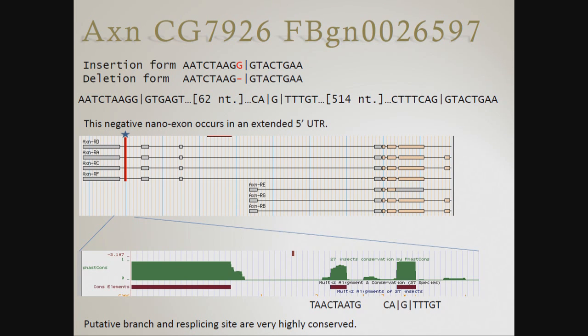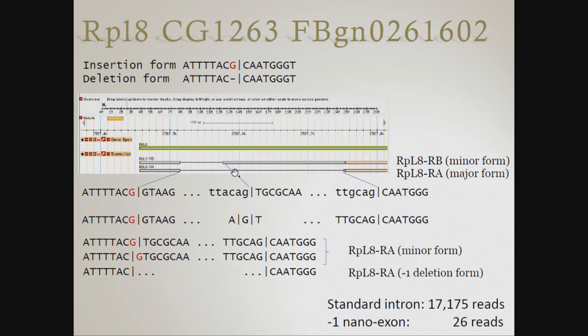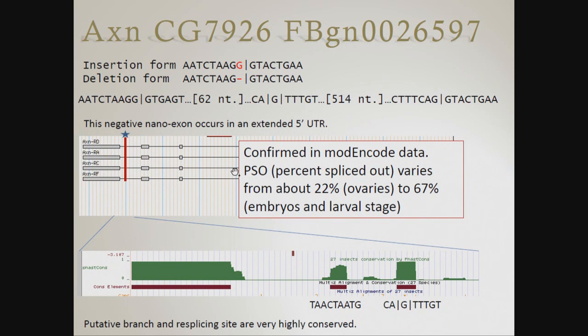And next slide, we looked at modENCODE data. We found that, go back one, we found that the percent spliced out, if you will, is always about 50%, varies from 22% to 67% in the different stages of that data set.